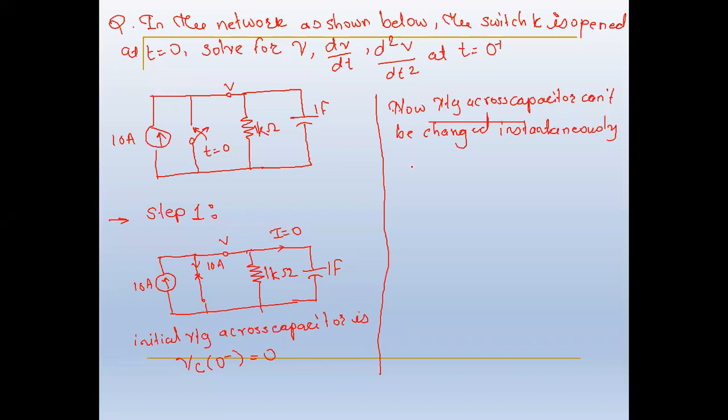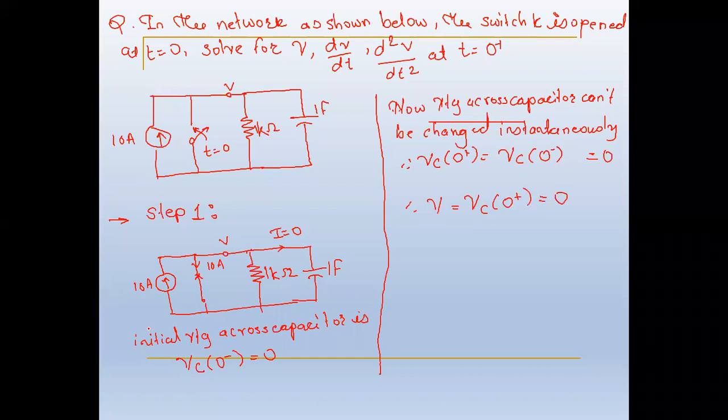Therefore Vc of 0 plus is equal to Vc of 0 minus, which is 0. So from this circuit, the node voltage V is the same as the voltage across the capacitor. Therefore, V is equal to Vc of 0 plus, which is nothing but 0. Hope you understood this step 1.